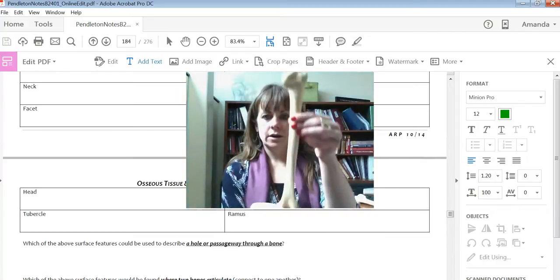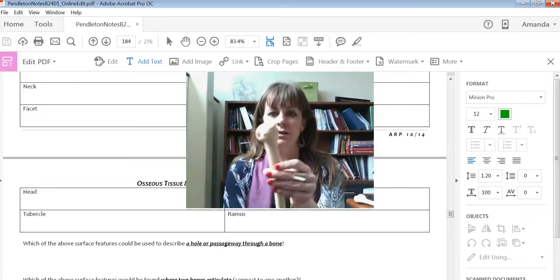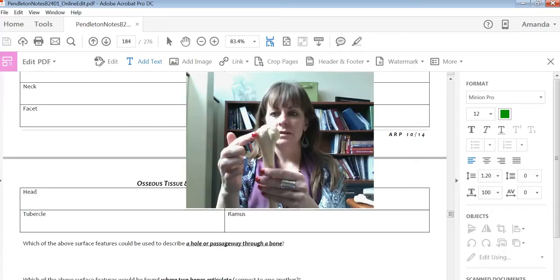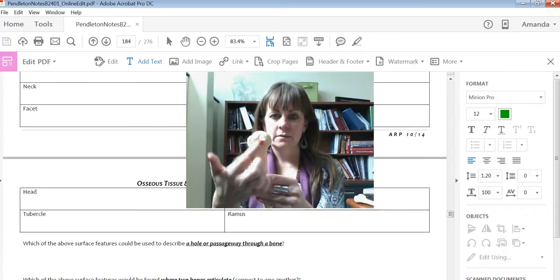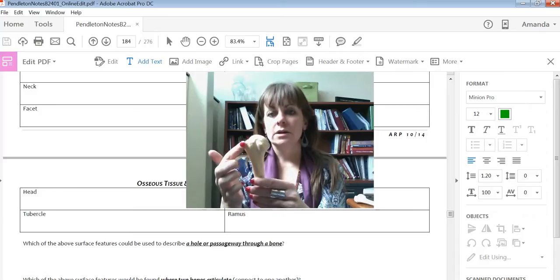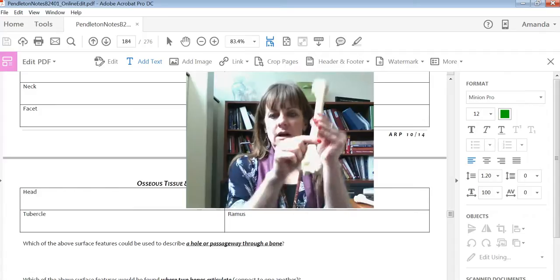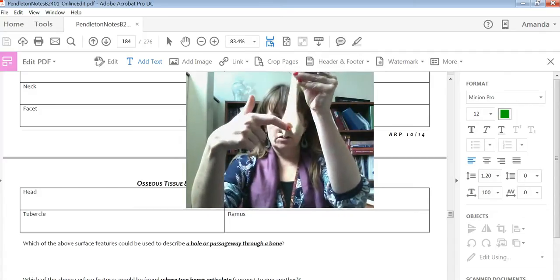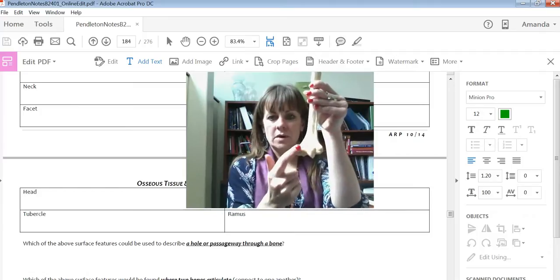So if we look here, okay, here's a bone. And it turns out, if you look closely, you can see a bump right here, and a bump right here, and a deep kind of groove right here. Here's another groove right in here, a bump, more bumps.